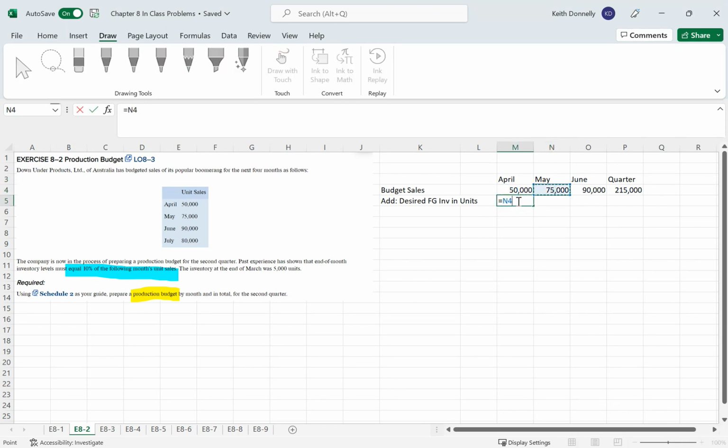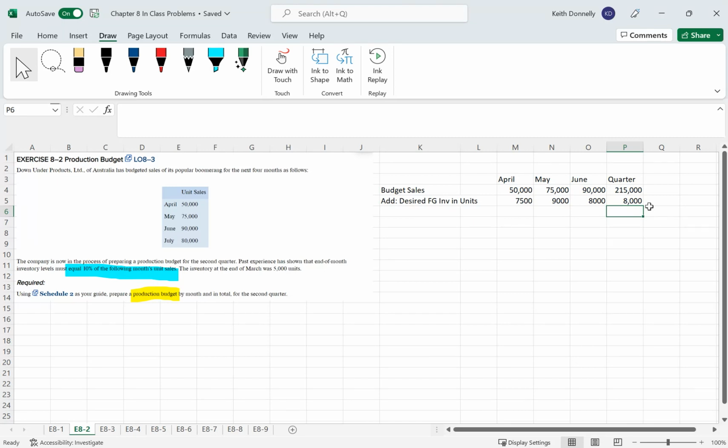So we would do 75 our next month times 10%. Same logic for this one, 90,000 times 10%. And this one in June, it would be the 80,000 from July times 10%. Carry that down. And in this way, at the end of the quarter, we're going to want it to be 8,000.